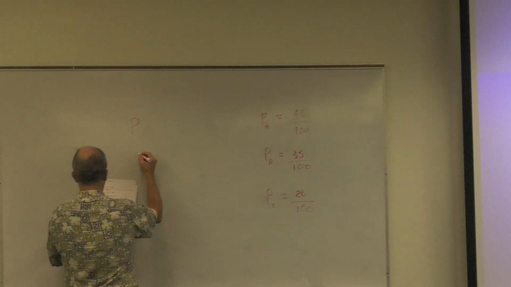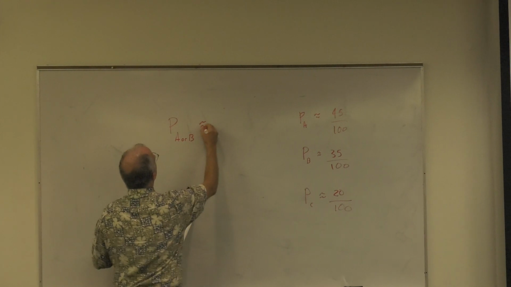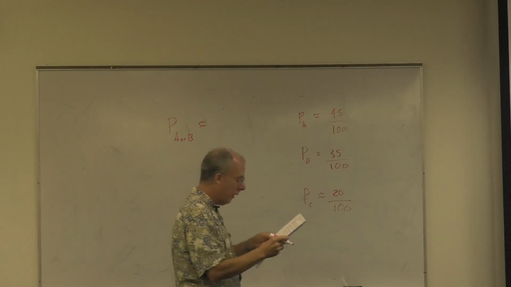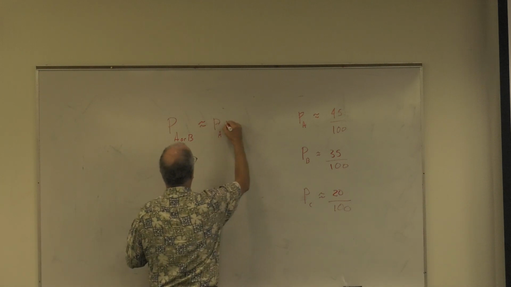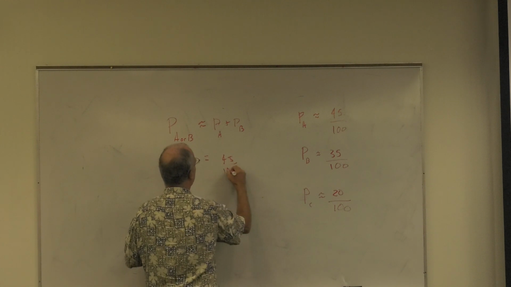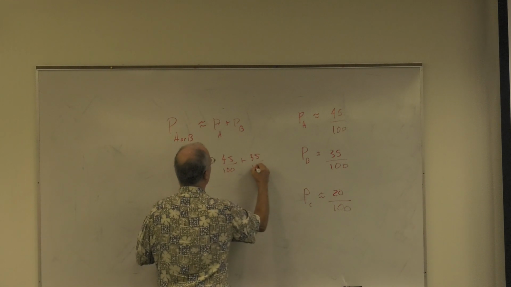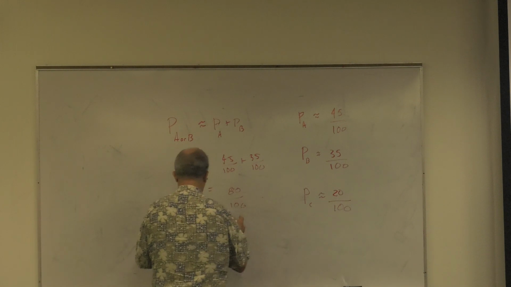What's the probability A or B? So probability A or B is the same thing as PA plus PB, and that's 45 over 100 plus 35 over 100, which is 80 over 100.